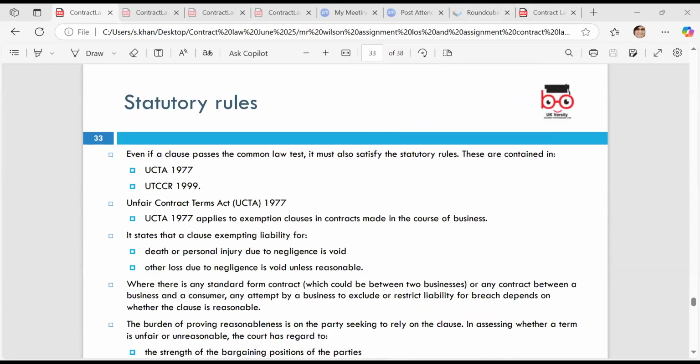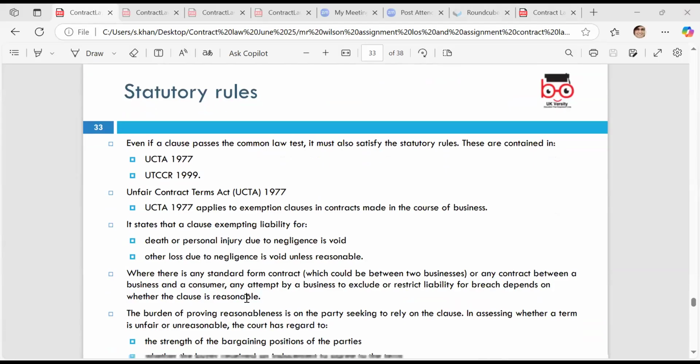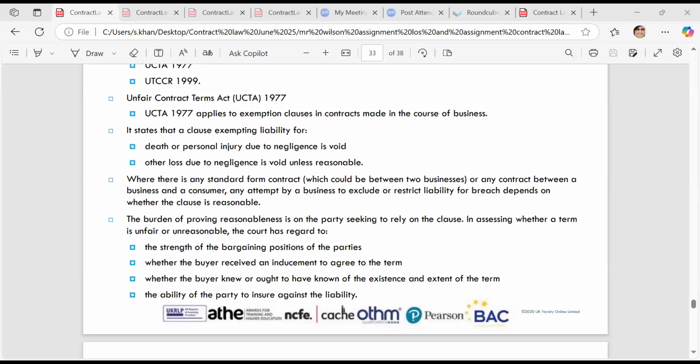Statutory rules. So even if a clause passes the common law test, it must satisfy the statutory rules. And they are contained in the Unfair Contract Terms Act. So they will look at the capacity of that, but they will also look at where there's a standard form of contract between a business and a consumer, or any attempt by a business to exclude or restrict any sort of breaches.